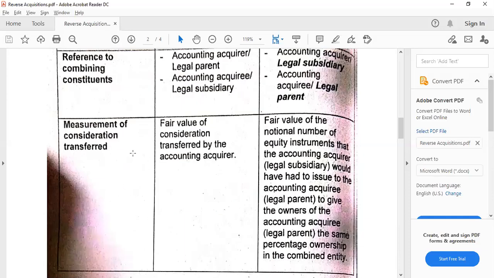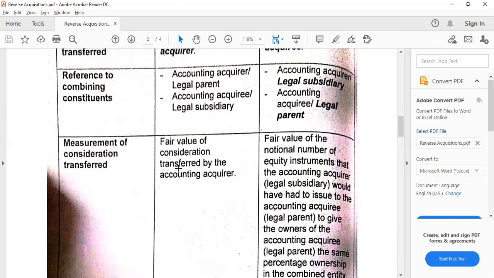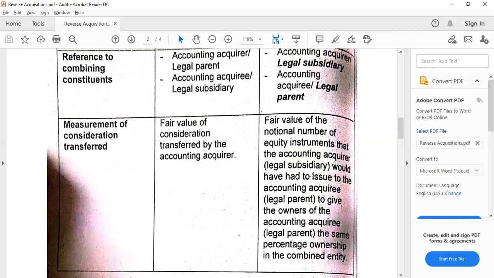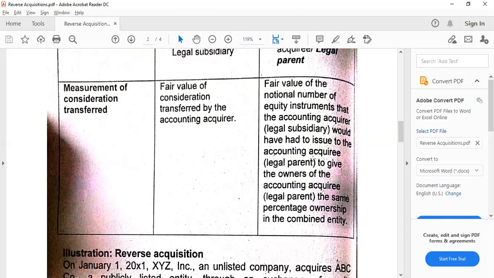How do we measure the consideration? So fair value, whatever that is, whether cash or non-cash or both or with contingent consideration. So that's it for conventional acquisition. For a reverse acquisition, also known as reverse merger or reverse takeover, it will be the fair value of the notional number of equity instruments that the accounting acquirer or the legal subsidiary, that is the private entity, would have had to issue to the accounting acquiree.